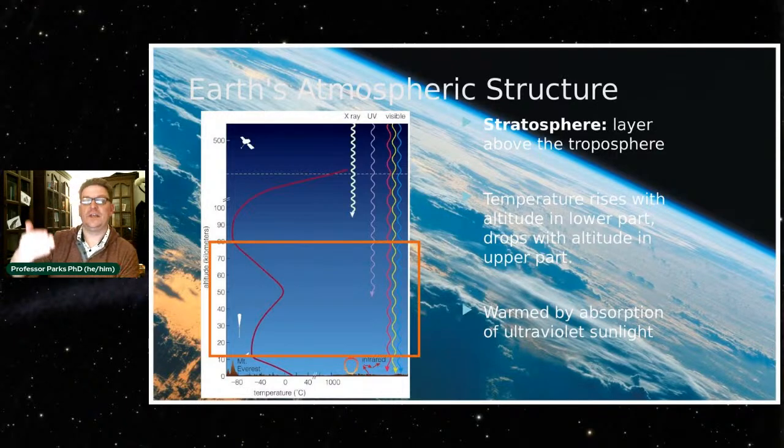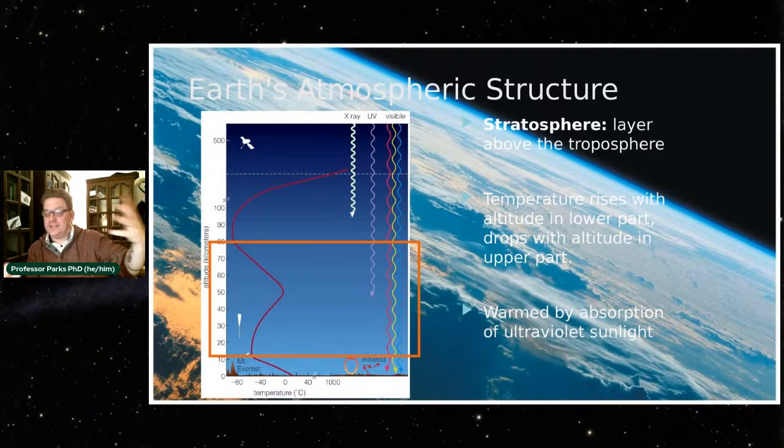So let's look at this temperature profile from the top down. When this light comes in, it's ultraviolet. Ultraviolet is relatively high energy light, containing a lot of energy. It has a large capacity to heat things up.